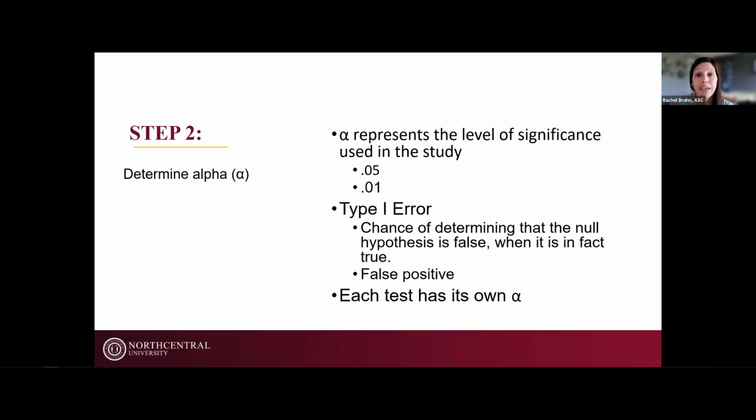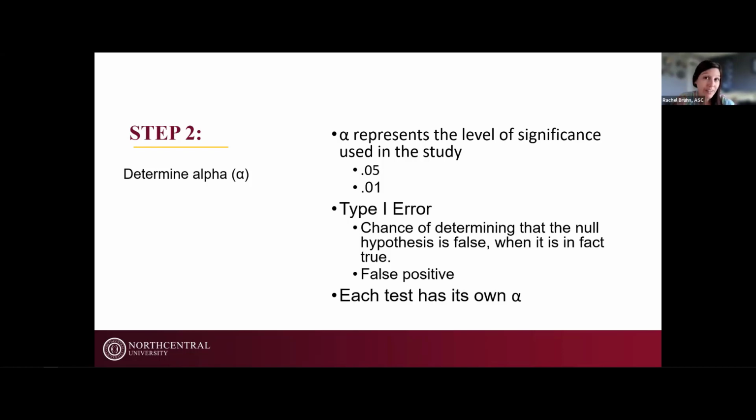A type 1 error being you find significant results when in reality, so if you're collecting data, you collect data from a sample and you're extrapolating the results from that sample to the population. So when I say in reality, I'm talking about the population. So your sample says, hey, there's significance here, when in reality, the population shows that there's no significance.